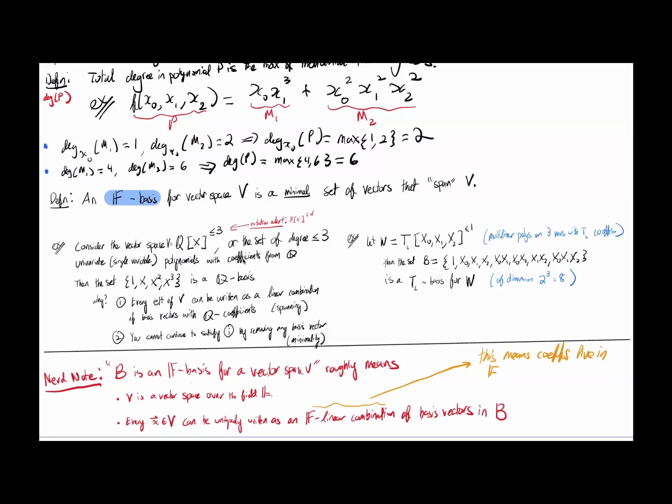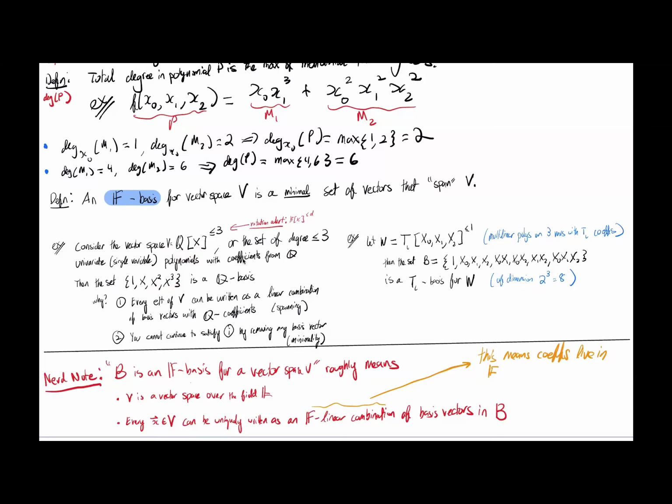We'll see what a basis is in just a second. The set 1, x, x squared, x cubed is a set of 4 vectors from this vector space. You can see that each of these is a polynomial with rational coefficients of degree at most 3.